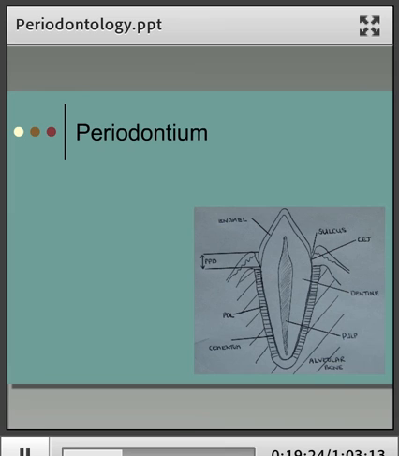So the periodontium, as you will probably know, consists of 4 different tissues: the gingiva, the periodontal ligament fibers, the alveolar or socket bone, and also the cementum, that outer coating to our root surface.